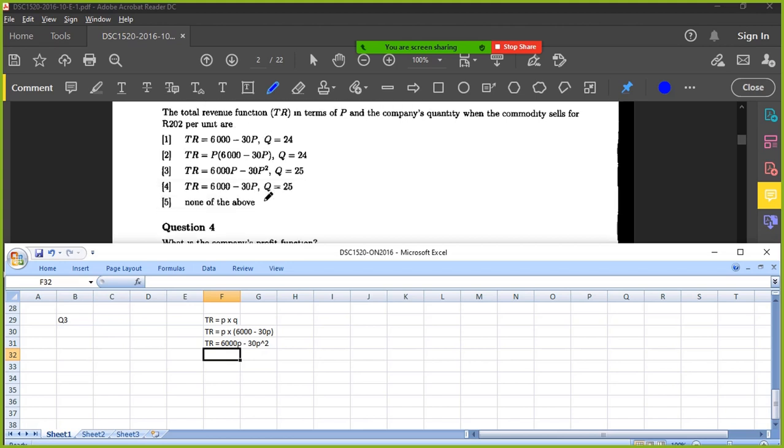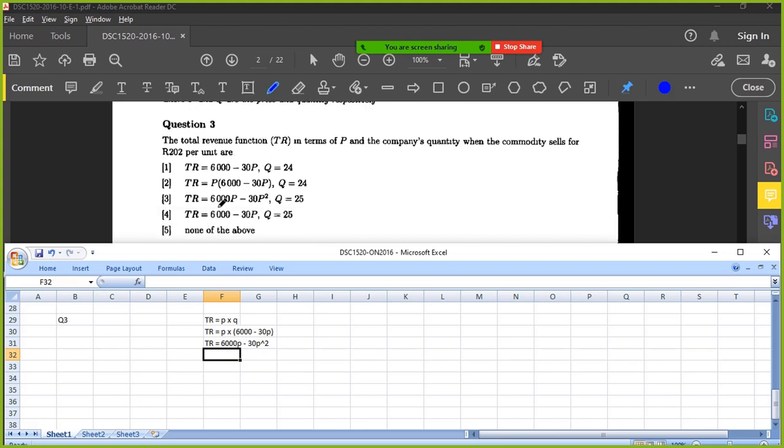Did they want you to solve for this? Well, yeah, they wanted you to work out quantity. Okay, so you've got the revenue function, so we're going with option 3. Obviously option 3 has to be correct because there is another option, so it should be quantity 25, but we need to calculate that.